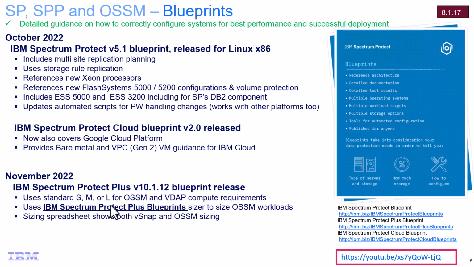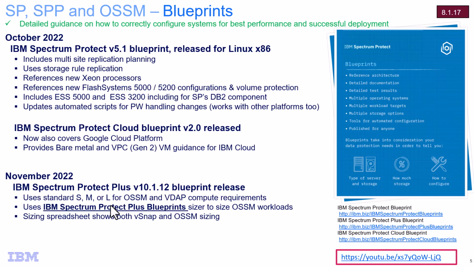So this blueprint now covers utilizing the OSSM capabilities for both Spectrum Protect and Spectrum Protect Plus, and it will reference standard small, medium, or large sizes for your OSSM and the related VDAP compute requirements. The IBM Spectrum Protect Plus Blueprint Sizer is also updated to help size for the OSSM workloads.